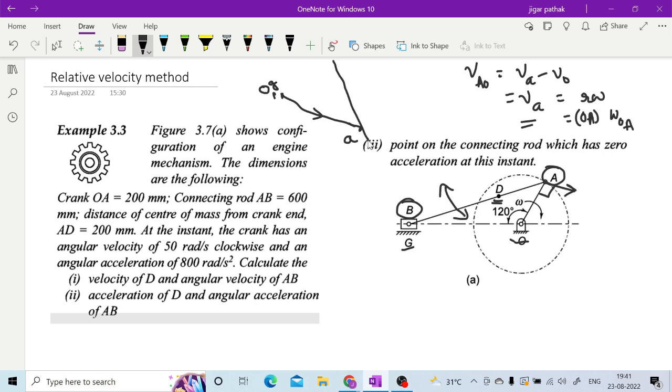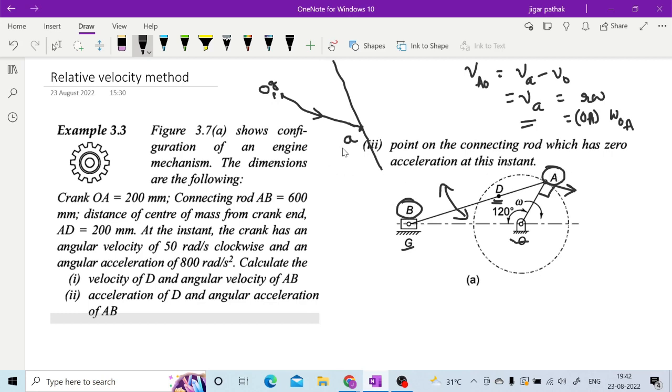Right now we don't know the magnitude. So you can draw a line passing through point A and perpendicular to the link length AB. Once you are done with drawing this construction, it will give you the velocity of B with respect to A, right?